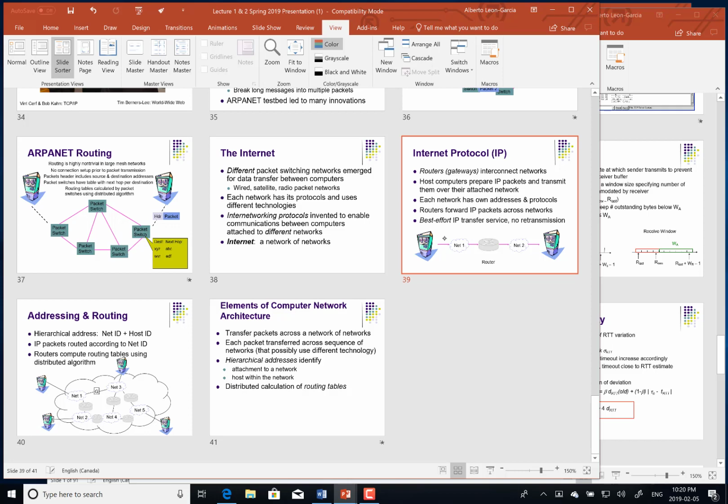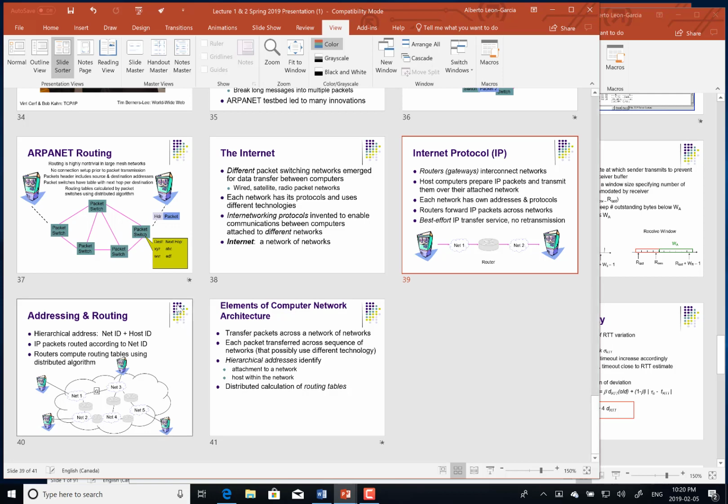And IP stands for Internet Protocol, and it's a protocol that's used to communicate across the internet. Okay, and so you see that the same type of concepts from telephony in terms of addressing and routing made its way into the first computer networks.